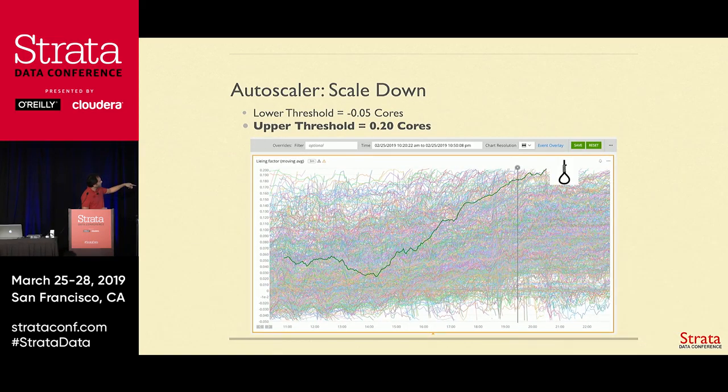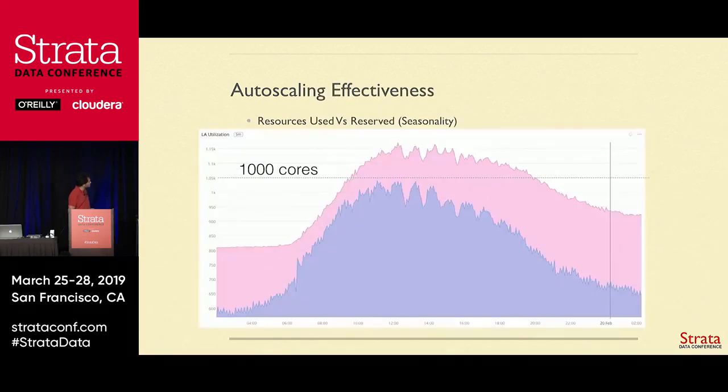And similarly, when the load goes away, the lying factor starts increasing, and once it reaches 0.2, the container commits suicide once again. And when it commits suicide, it updates its resource numbers, and the scheduler will give an appropriate amount of resources to it. This is a graph that shows the amount of cores reserved versus the actual usage, and as you can see, the reserved cores follow the actual usage pretty well.